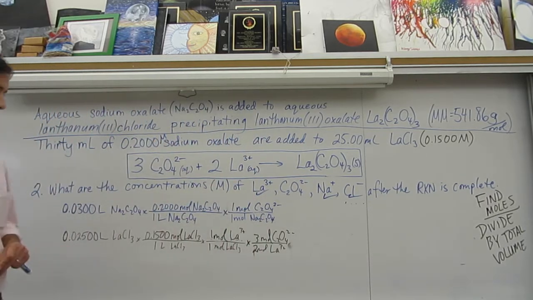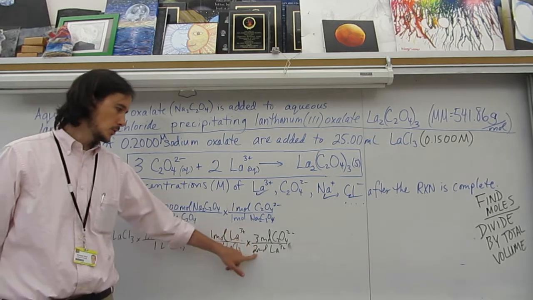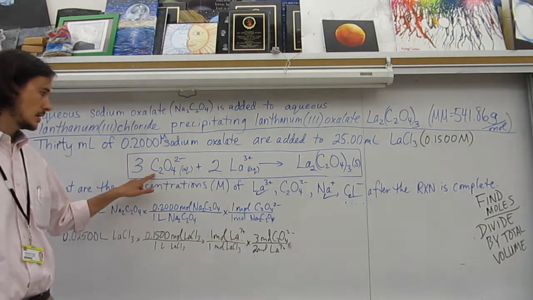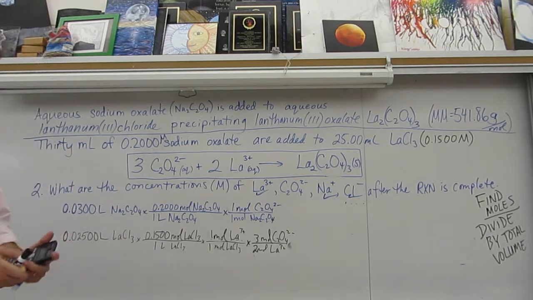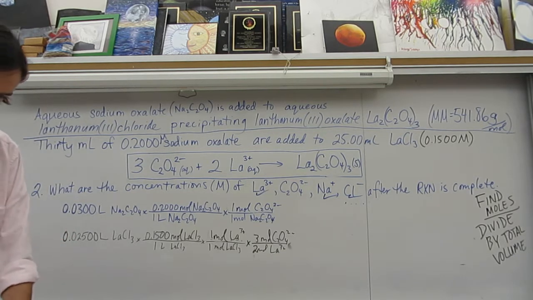So 1 mole of lanthanum chloride has 1 mole of lanthanum. 2 moles of lanthanum react with 3 moles of oxalate. Let me calculate.